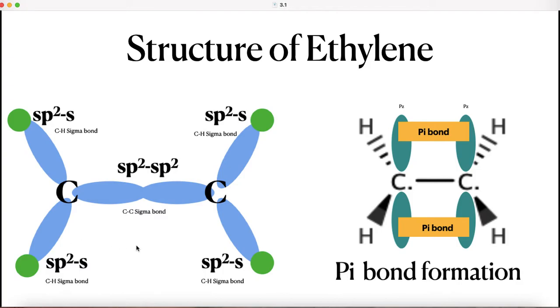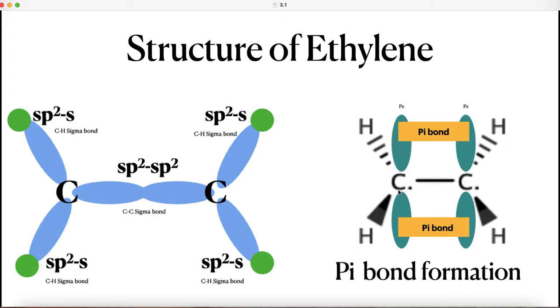This carbon undergoes sp2 hybridization, in which only two 2p orbitals are involved. The remaining third 2p orbital is called the unhybridized p orbital. In this case, it is the pz atomic orbital.